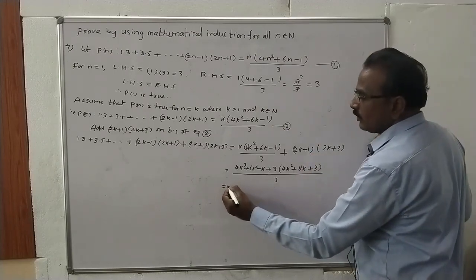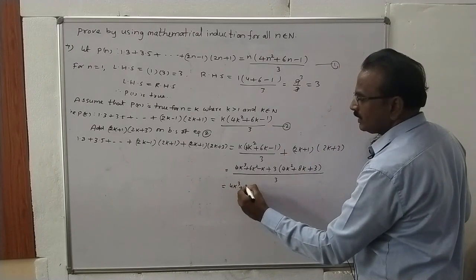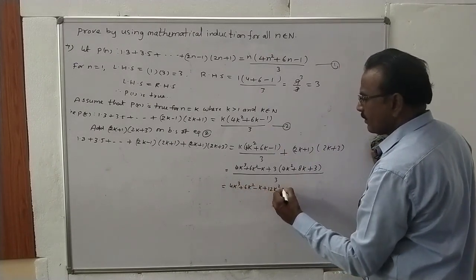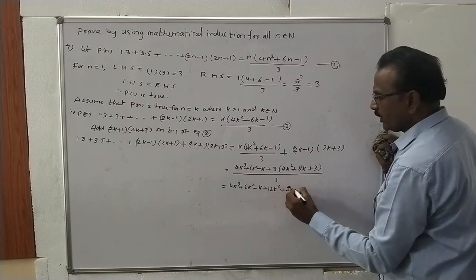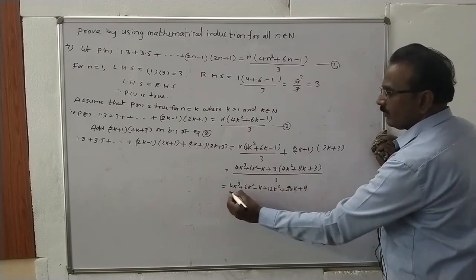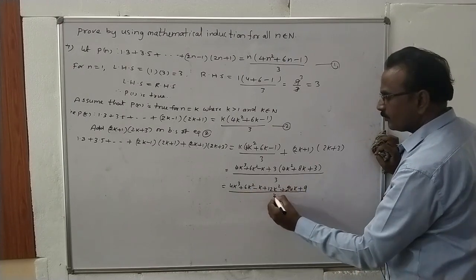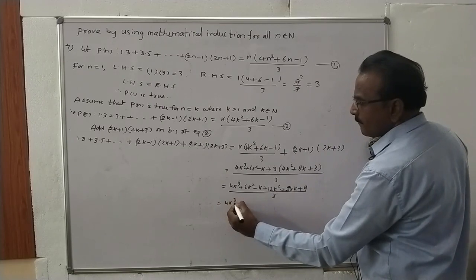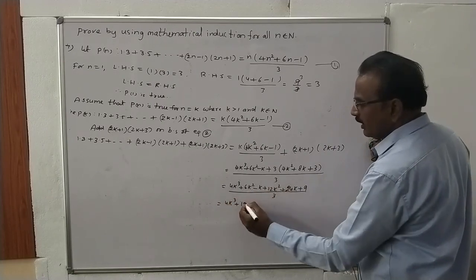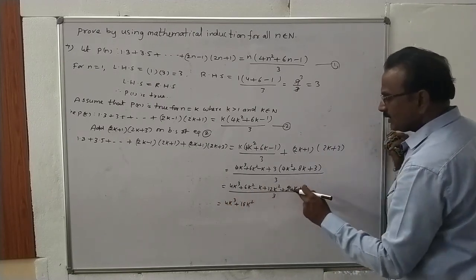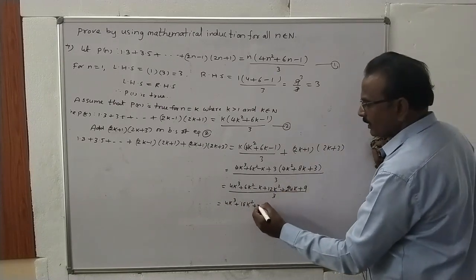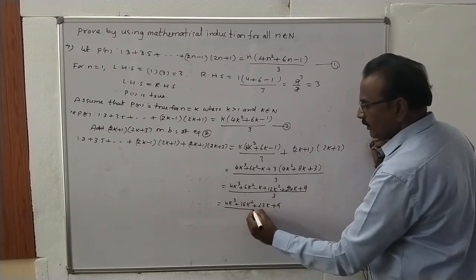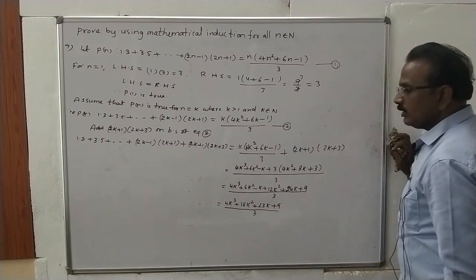That is 4k cube plus 6k square minus k plus 12k square plus 24k plus 9, divided by 3. Here 4k cube plus 6k square plus 12k square, 18k square, minus k plus 24k, 23k, plus 9, divided by 3.